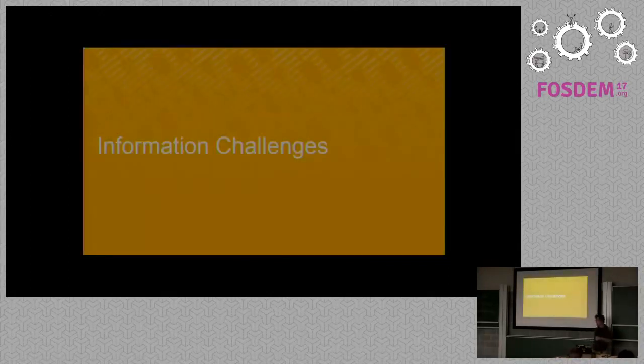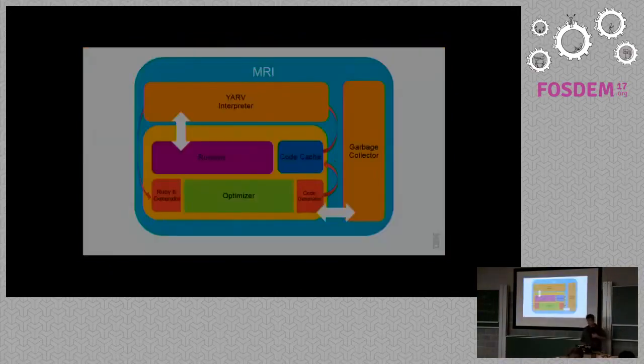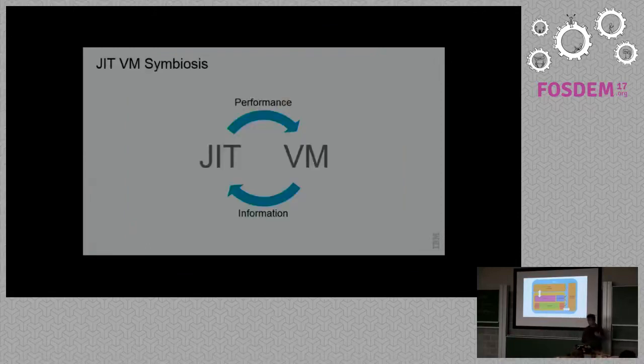Now, the other challenge we're going to face in doing JIT compilation with Ruby plus OMR is information challenges. And so when you look at a diagram of what MRI looks like when you've added in the JIT compiler, what's really important here are going to be these white arrows here, which are the JIT and VM interface, because JITs are symbiotic with their host VMs.